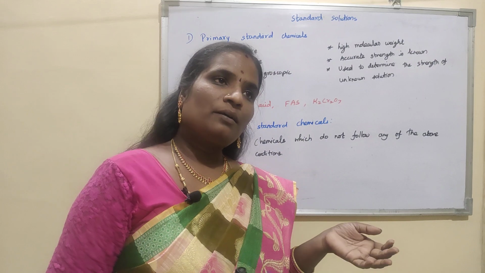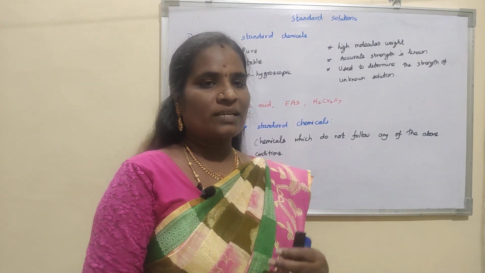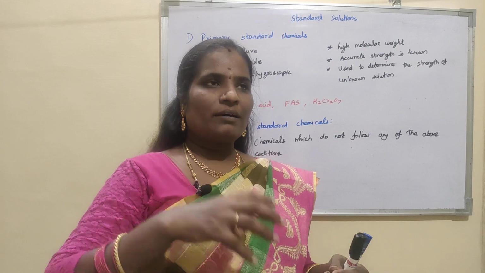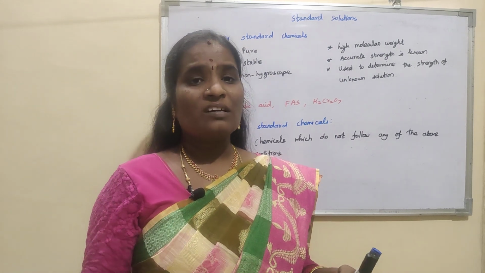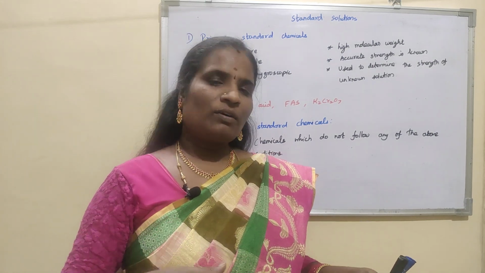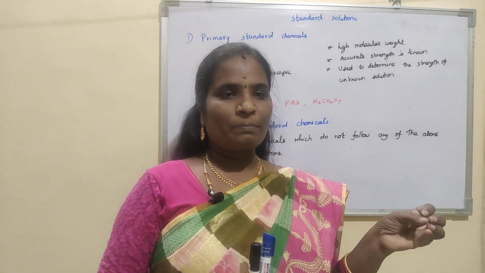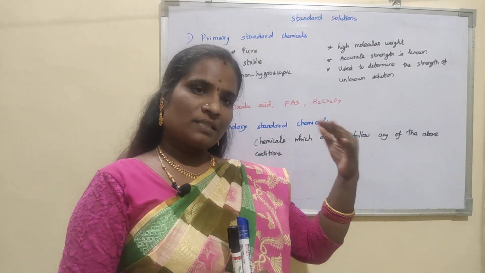Suppose I am making a 1 molar concentration of HCl or sodium hydroxide. What happens? With HCl, the vapors immediately go out. Whatever concentration you prepared today won't be the same tomorrow. But when we prepare an accurate concentration of a primary standard, it will last long, so the concentration will be known.